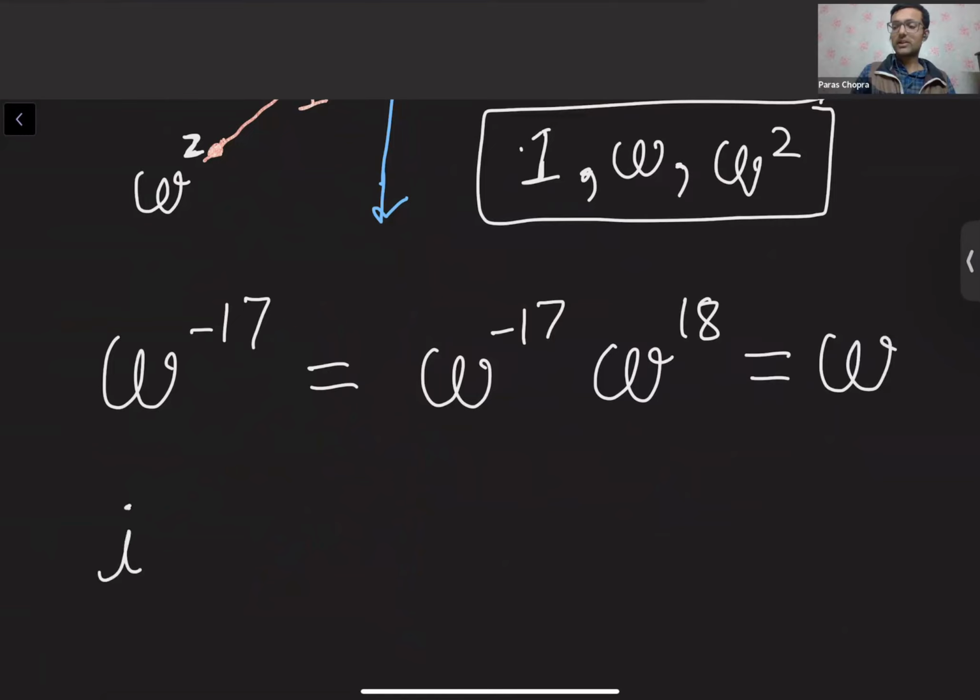Similarly, अगर iota to the power -17 होता तो क्या होता आंसर?